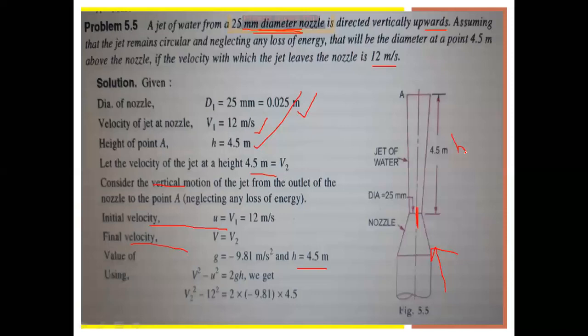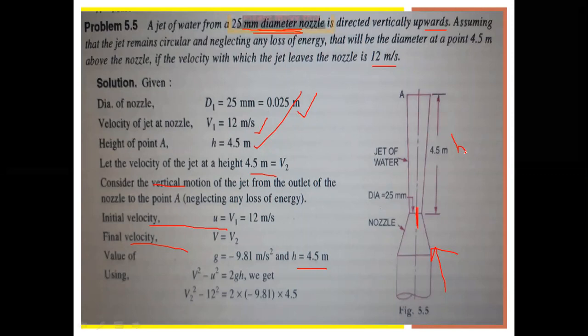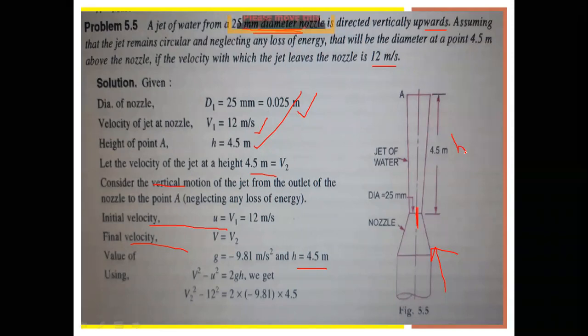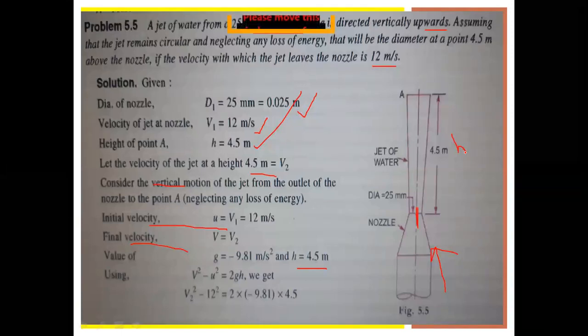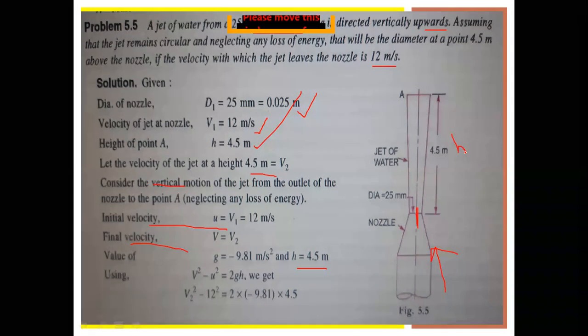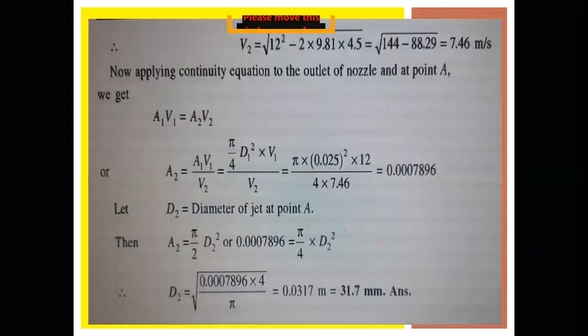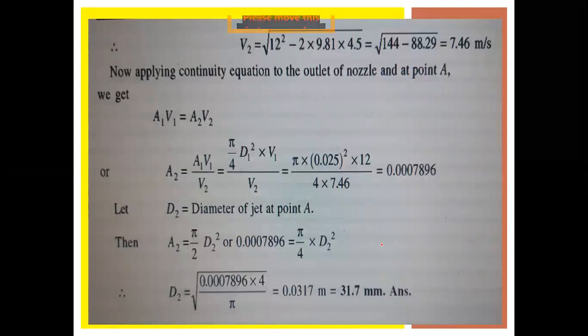Using the equation v squared minus u squared equals 2gh, substituting the values, v2 squared minus 12 squared equals 2 into minus 9.81 into 4.5. So v2 equals the root of 12 squared minus 2 into 9.81 into 4.5, which equals 7.46. Therefore, the v value is 7.4 meters per second.